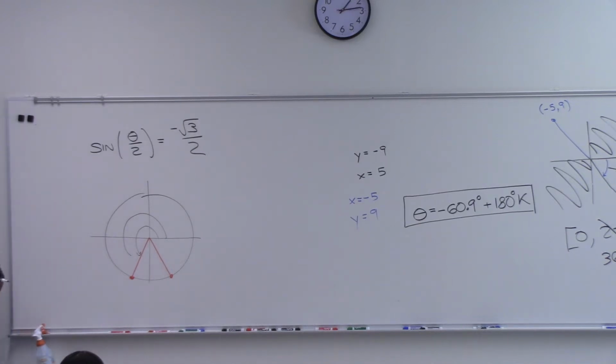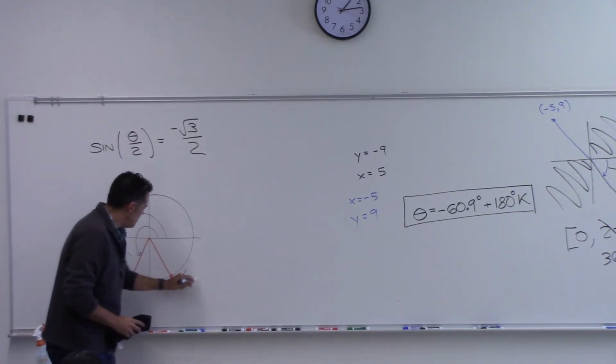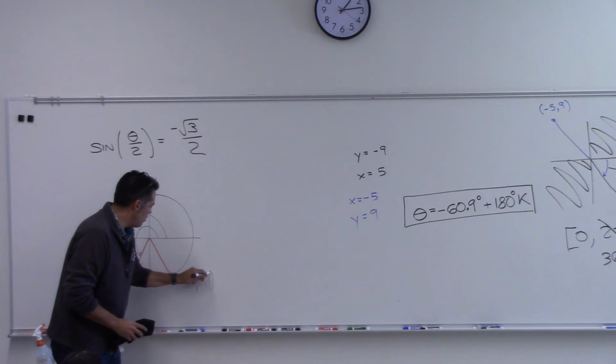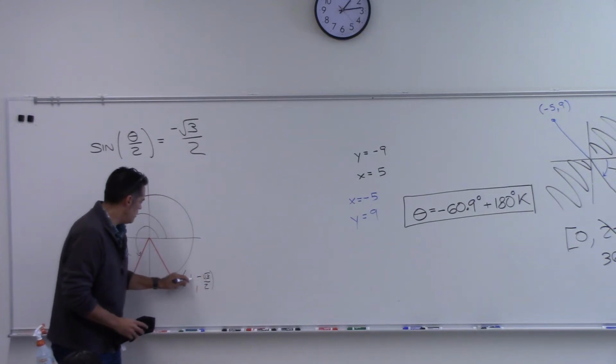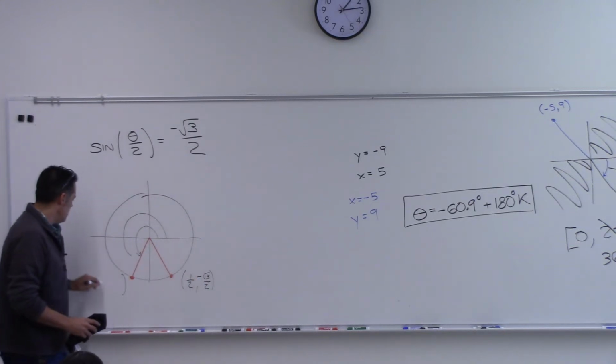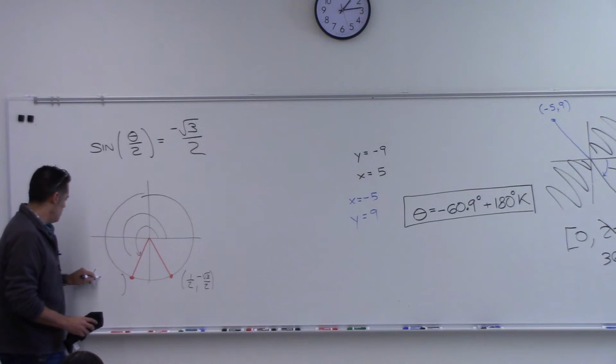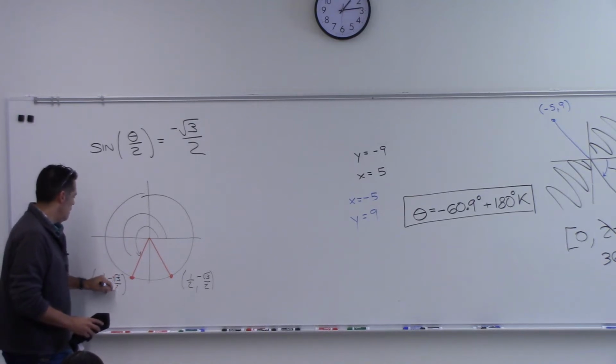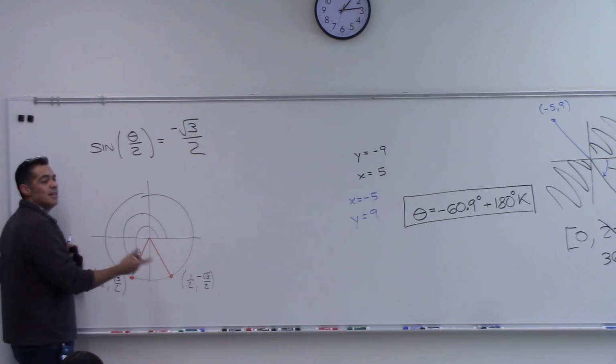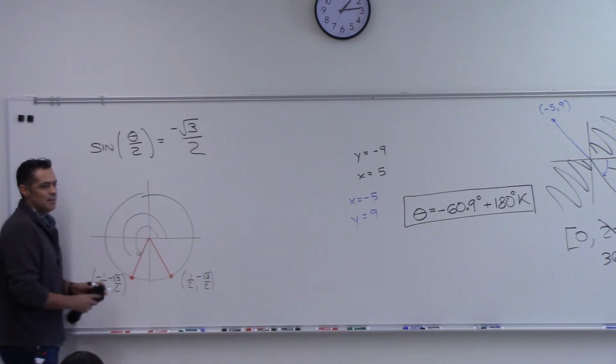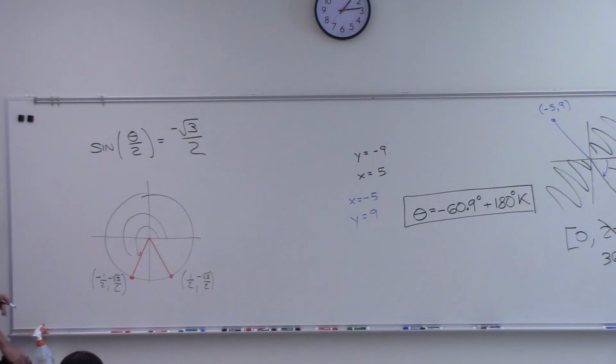Because it says negative root 3 over 2. Yeah, that's the y coordinate, right? The y coordinate is negative root 3 over 2 here, positive 1/2. Oh, I see. I did it wrong. I did both sides. Oh, so you did the x coordinate. Yeah. Okay. Do you see how this would go then?